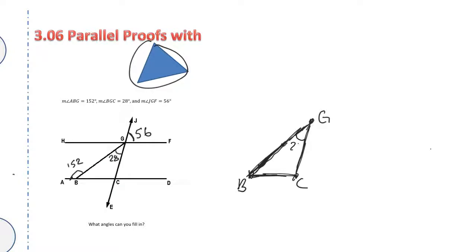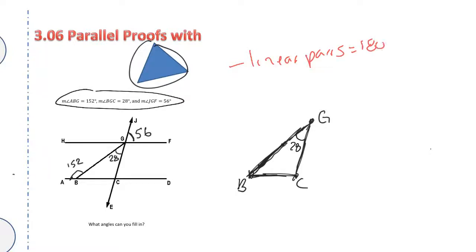So right here, angle G, we already know is 28. They gave us some angles. I labeled them on the diagram. You should do that right now. To fill in other angles on this diagram, we want to use things that are always true. For example, linear pairs equal 180.